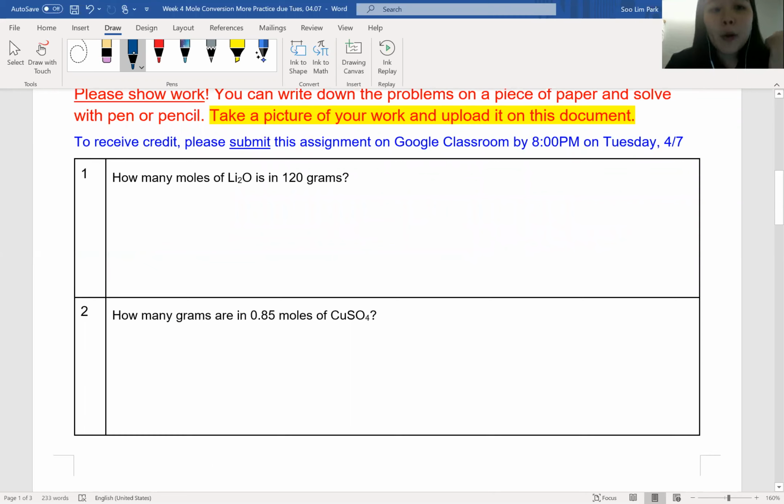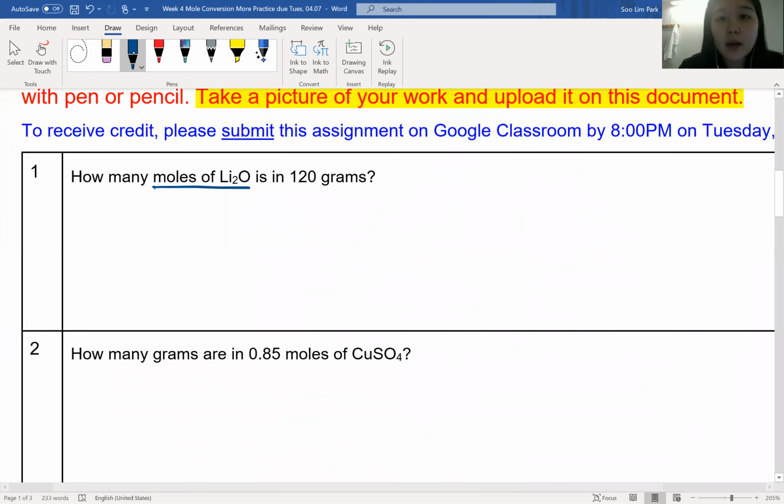All right, so number 1, it says how many moles of Li2O, lithium oxide, are in 21 grams. So we're given 21 grams, but our first step is always to find the molar mass of our given substance, Li2O.